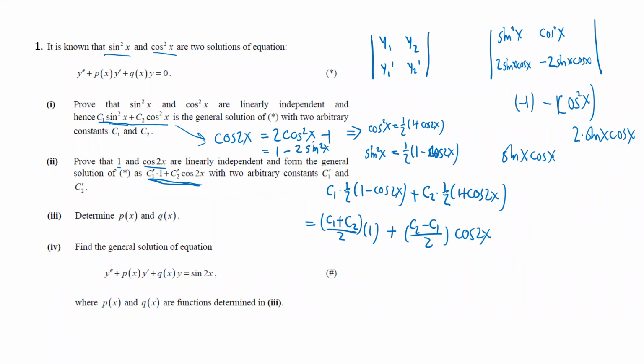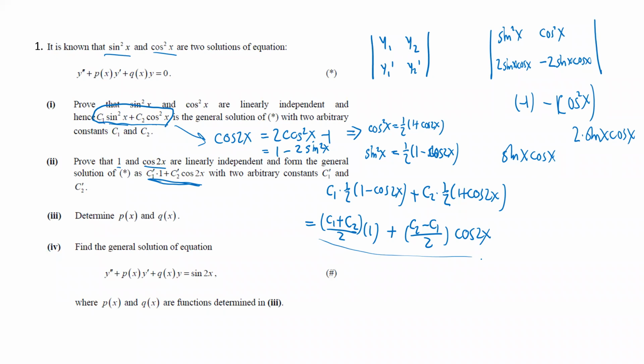Right. So then you can see that if you say the general solution can be written in this form, that is equivalent to saying the general solution can be written in this form also. And in this form, I can write it as some constant times 1 plus another constant times cosine 2x.